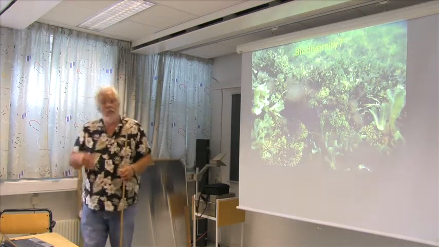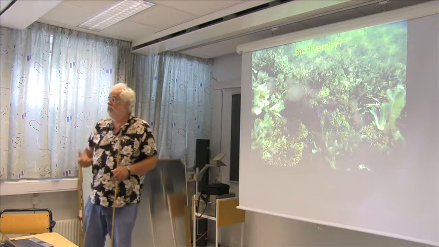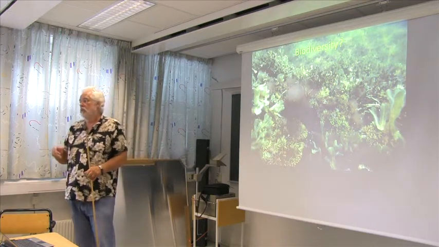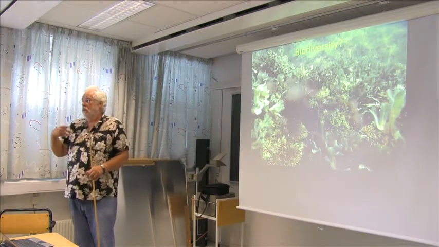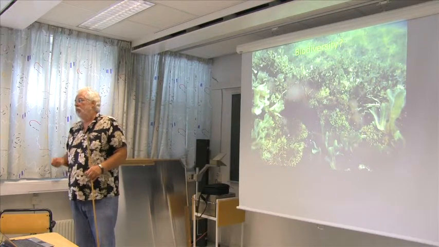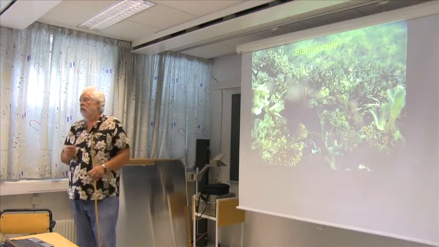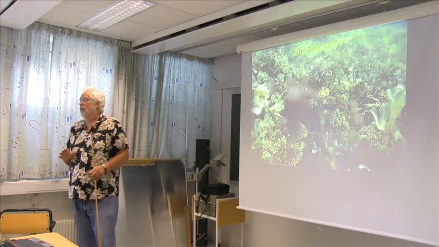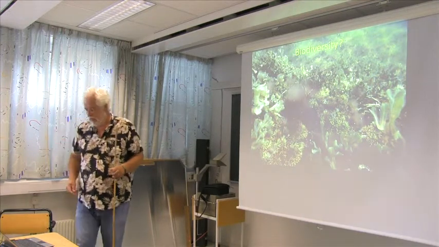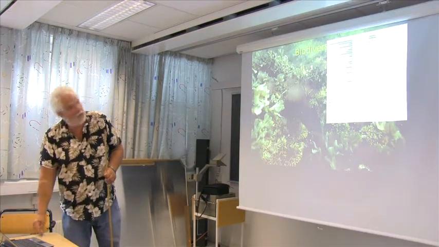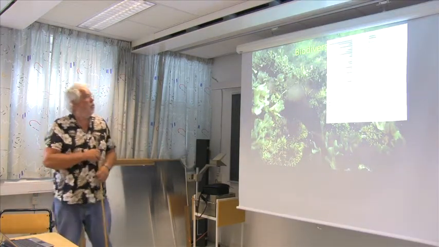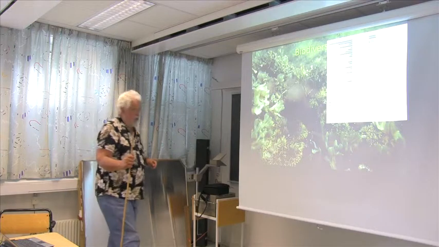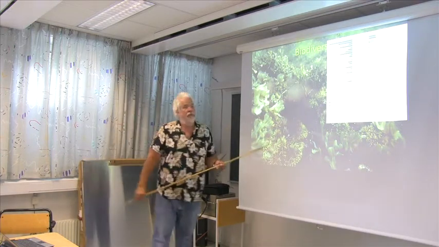So when you want to compare biodiversity, it's extremely important that you use the same technique and the same amount of effort to see how many species there are. You will never find all the species that are in one area, but you will find a certain amount which can be comparable. The interesting thing is when we look at the species distribution, how frequent they are.